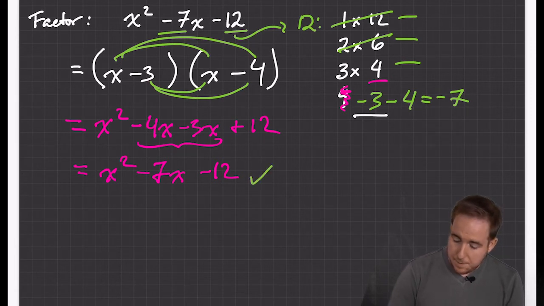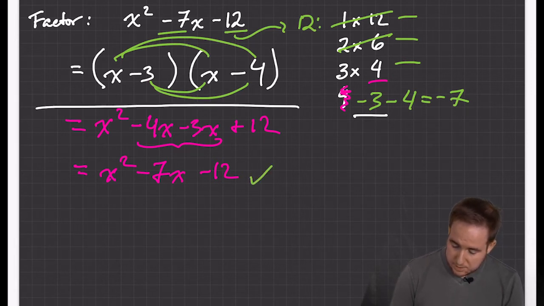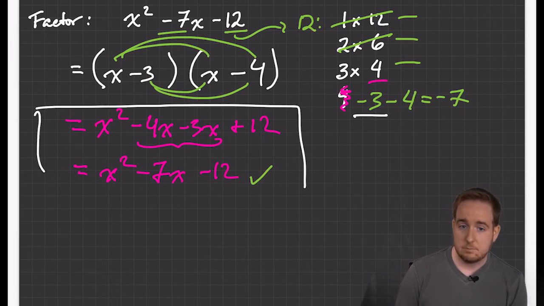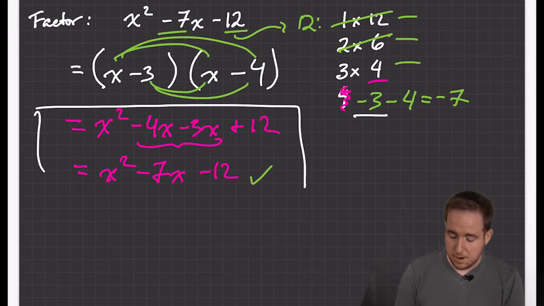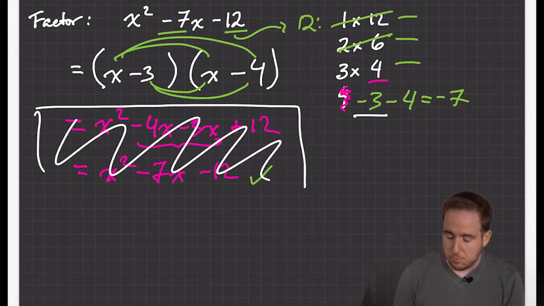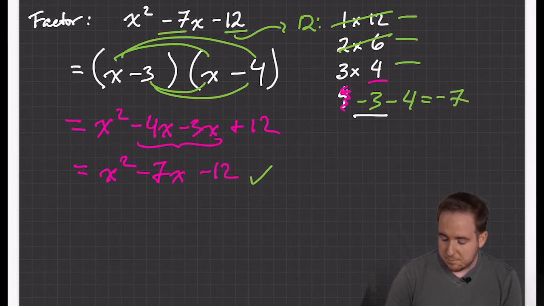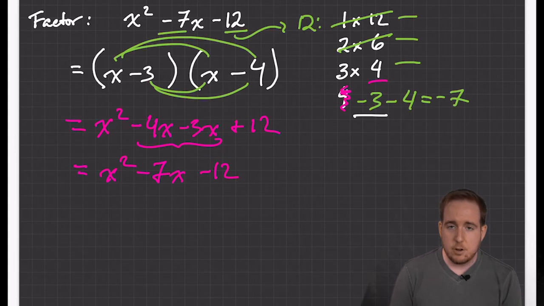So this step, by the way, is completely unnecessary. If you remember the algorithm and you follow the steps in the right order, there is no need to actually write this. What it does is it gives you a little bit of peace of mind so that if you're doing a test or a quiz and you're not sure if you have the right answer, then you can actually check and see whether or not you do.